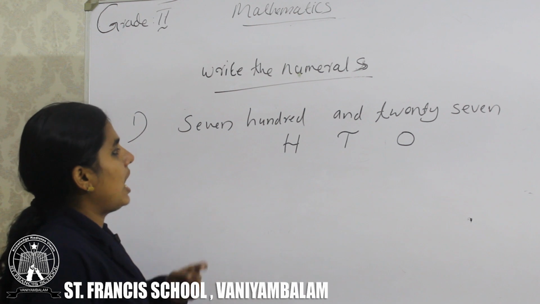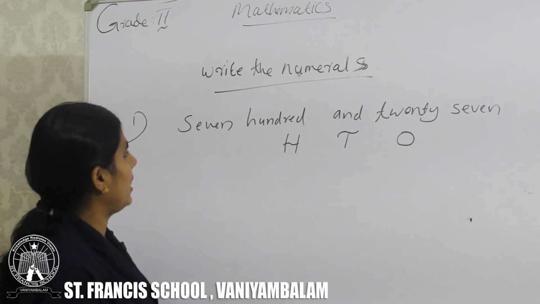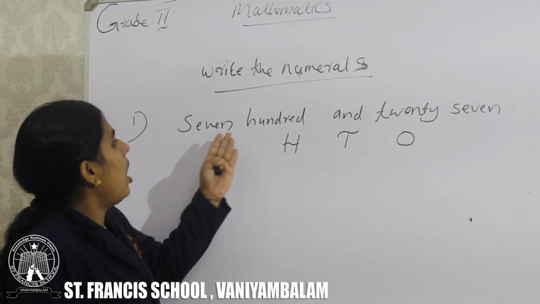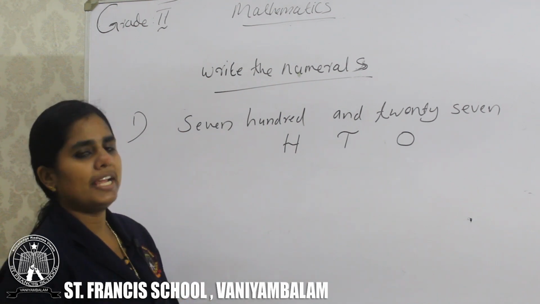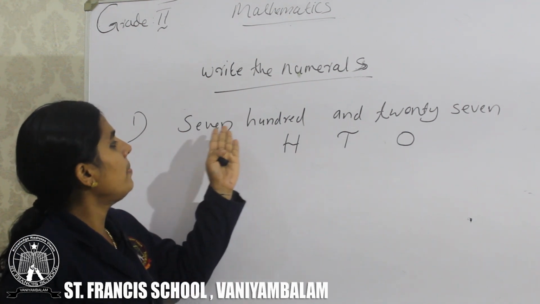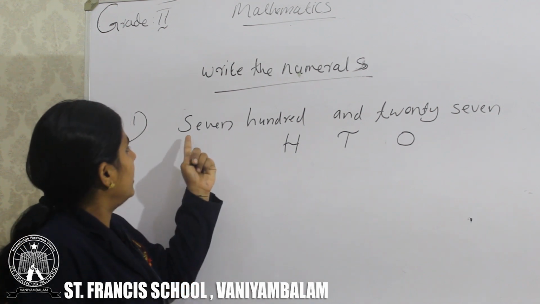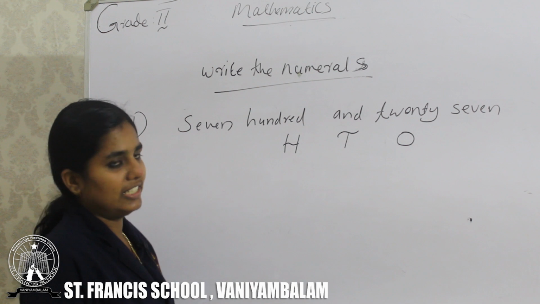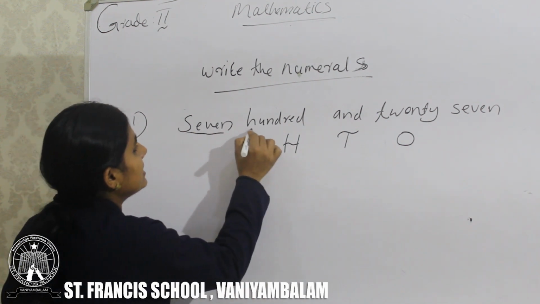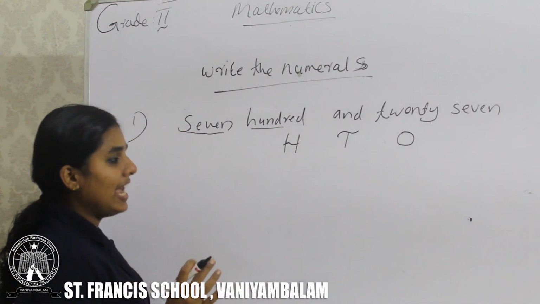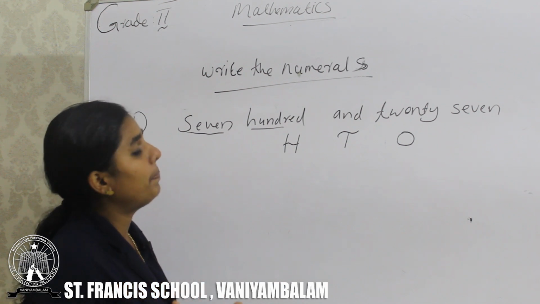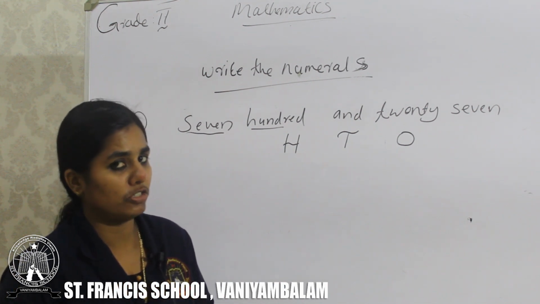Now we can see how to write the numerals. Look here. How many hundreds? 700. That means in the hundreds place, which number do we want to write?